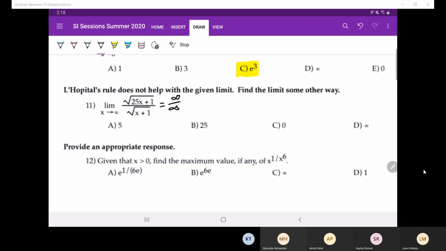You can pull out an x squared or an x from both of them, so you'll get... Was this one on it at least? All right.